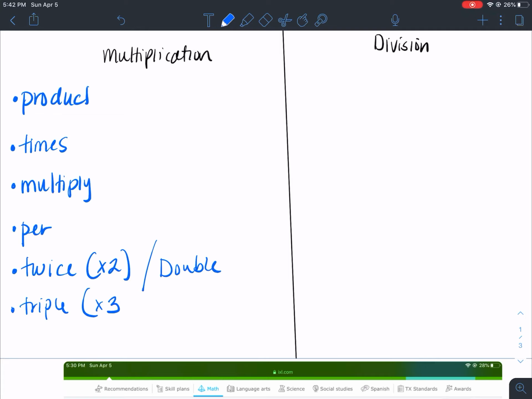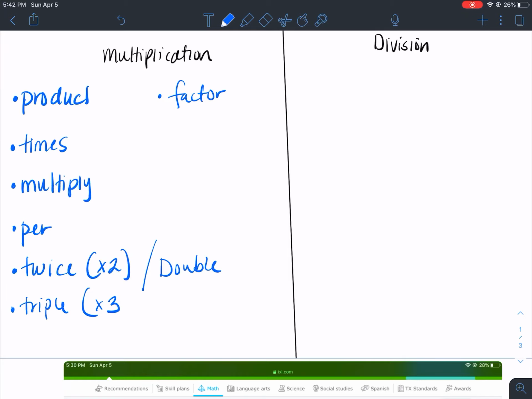If they tell you it's double the amount, that means you're multiplying it by 2. Another one would be factor. If I'm telling you these are 2 factors, then that means I'm multiplying those 2 numbers. Those are most of the common ones that you'll see for multiplication. Any of those words means multiplication.